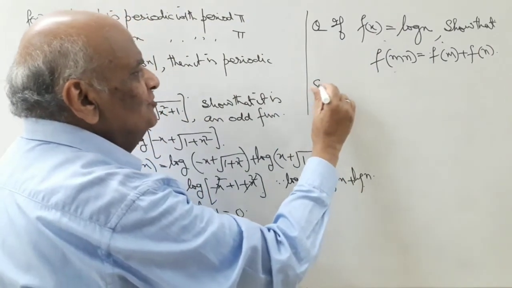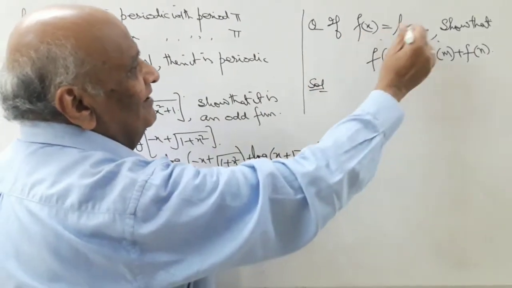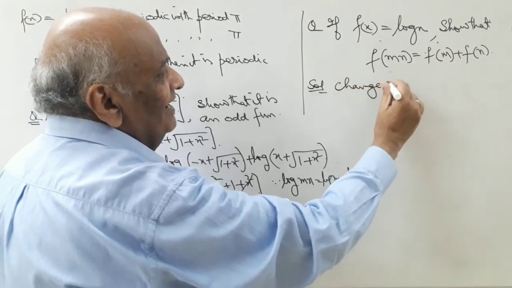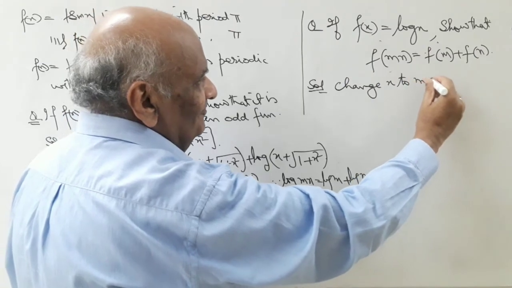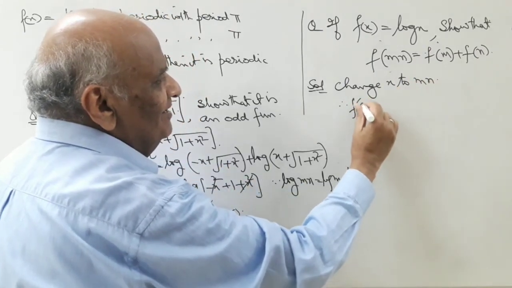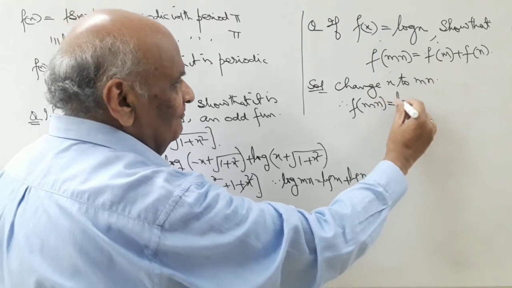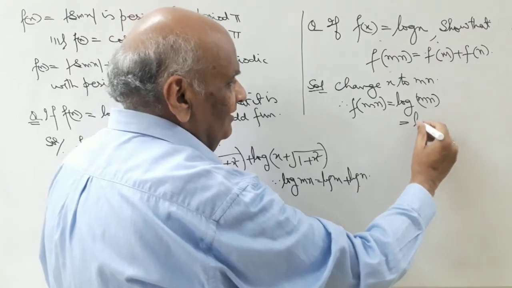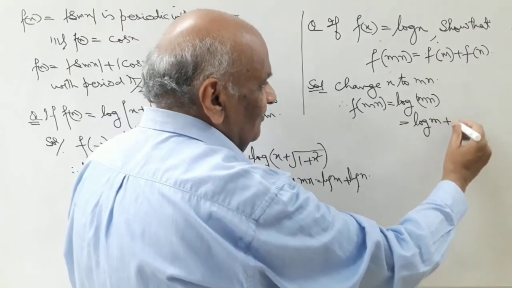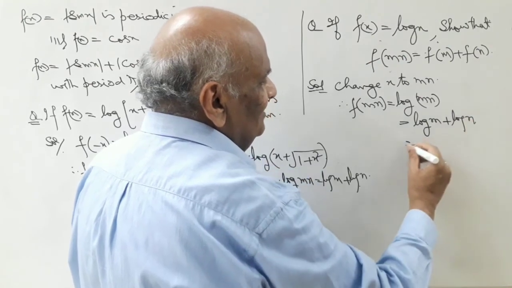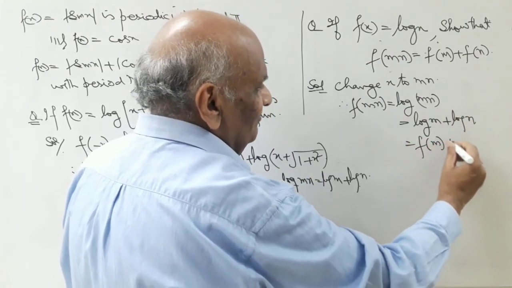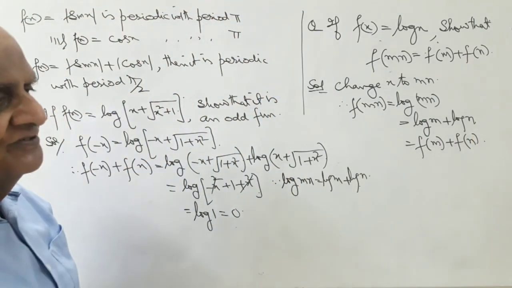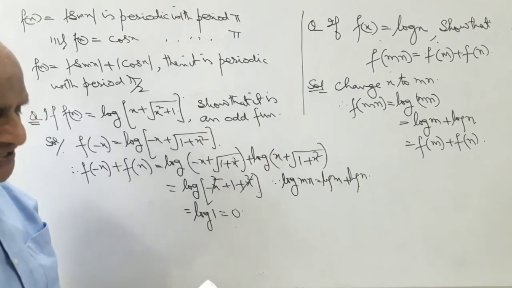Therefore, the solution here is, we have f(x) is equal to log x, therefore change x to mn, and we get f of mn is equal to log of mn. Log of mn, you know the product rule, as previously I have discussed, log of m plus log of n, which is just f of m plus f of n. In this way we can carry on with the problems on the simplifications.